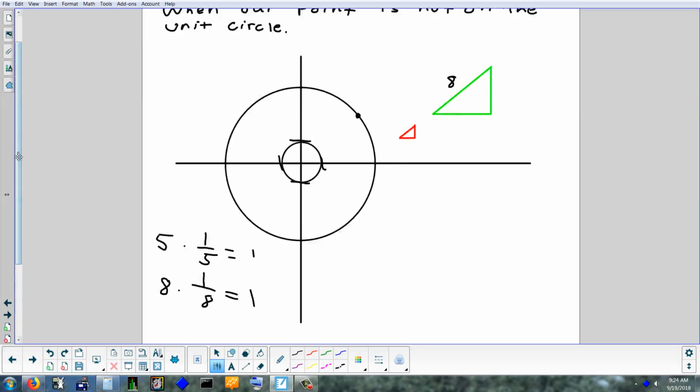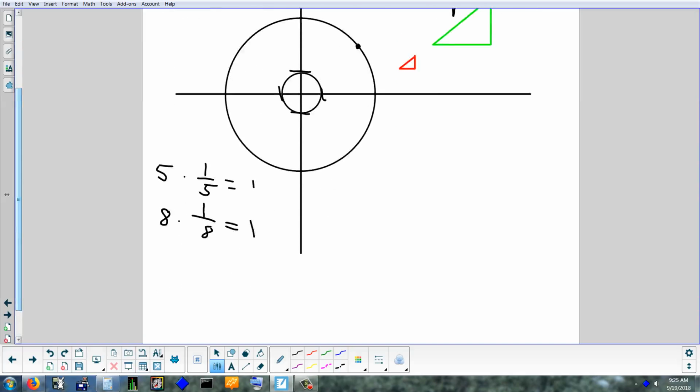Alright. Now, let's say the green triangle had a radius of r. Any radius. What would you scale the green triangle down by now? So that when you do that, it would come out to the same size as the red triangle, which is what we already know how to do.